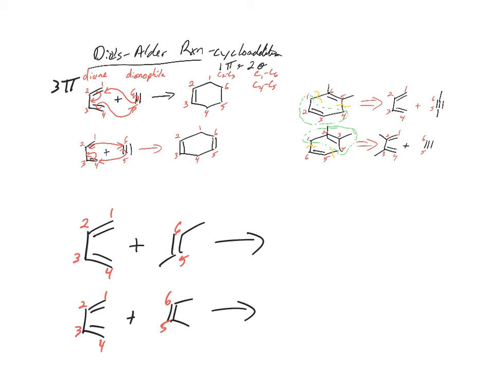So if this has 2 methyls, and those 2 methyls are trans to each other in the starting dienophile, in the product, they're also going to have to be trans. And you also make the other enantiomer, you'd make this as well.